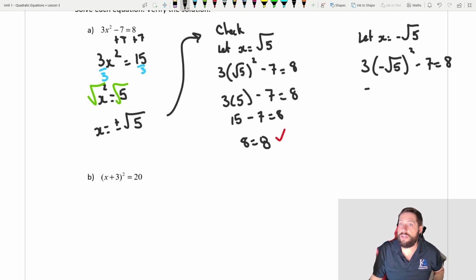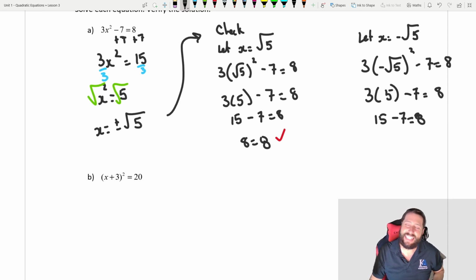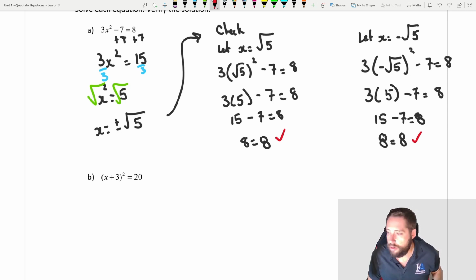Well, this squared is going to be 3 times 5, minus 7 is equal to 8. So we have 15 minus 7 is equal to 8. And very similarly to last time, we have 8 is equal to 8. So that one also works as well. So it's best to check with what you're working on.